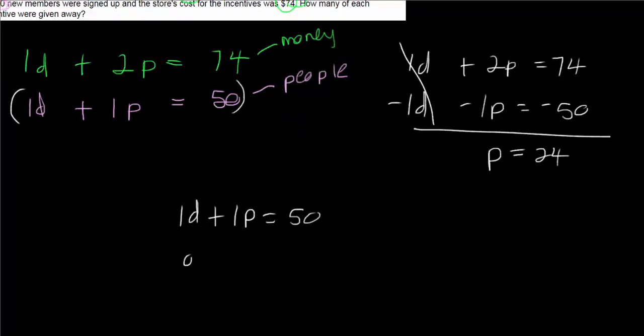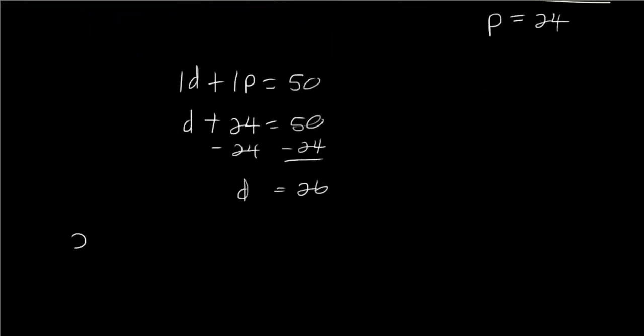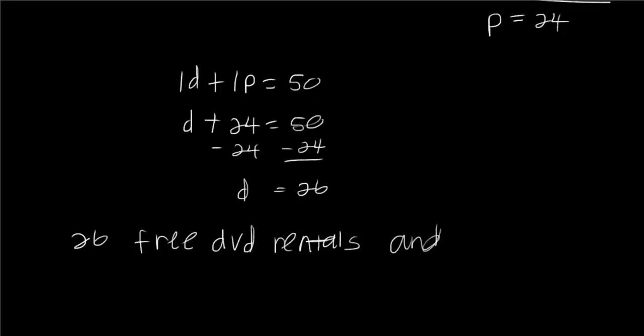So D plus 24 equals 50, and subtract 24 from both sides, and you get 26 equals D. So 26 free DVDs were given, and 24 free popcorns.